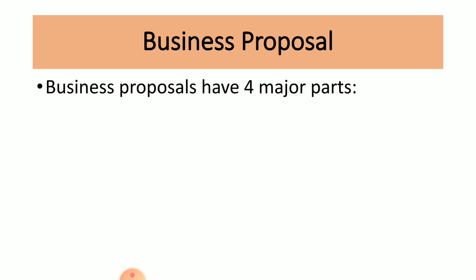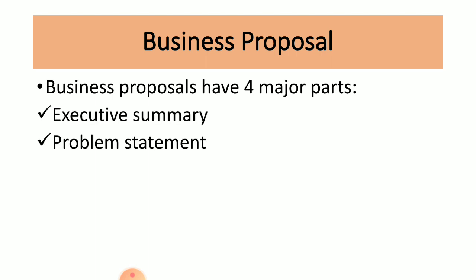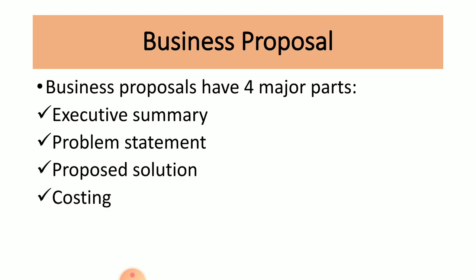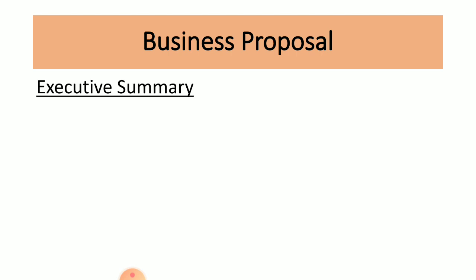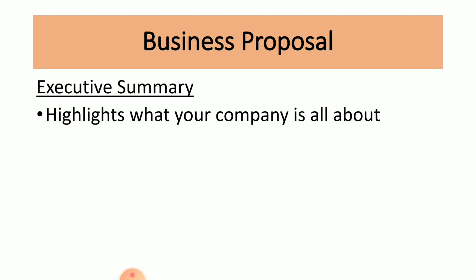Business proposals have four major parts. We have the executive summary, problem statement, proposed solution, and the costing. First, we have the executive summary. Executive summary highlights what your company is all about.